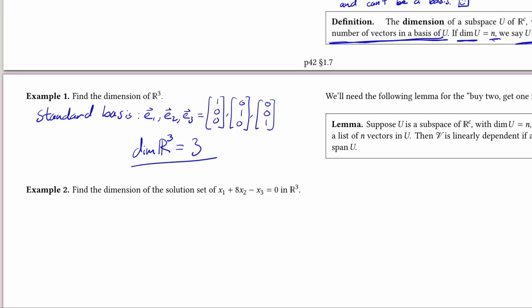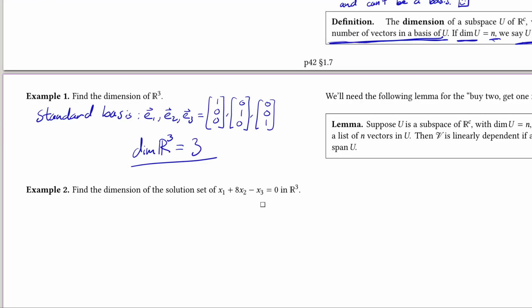Cool. Let's talk about the dimension of the solution set of this equation here in R3. You might recognize this from calculus 3, if you've taken that, as the equation of a plane in R3. So maybe intuitively you know the answer should be 2, but let's see why that is in a linear algebra sense.